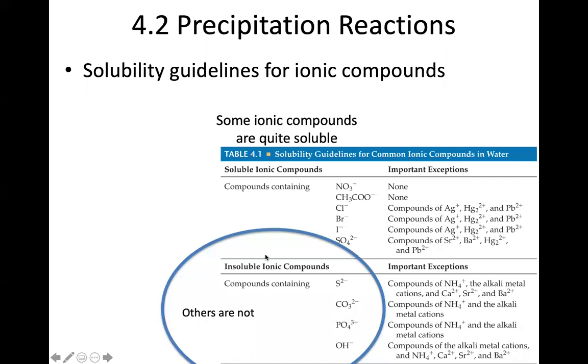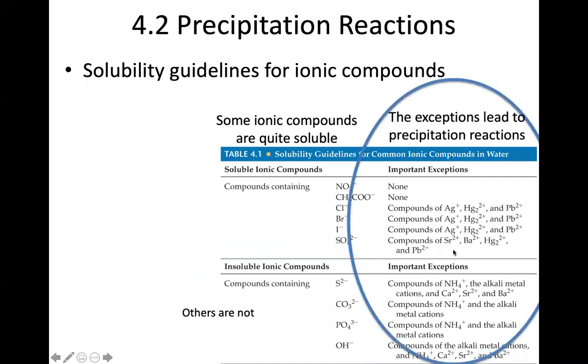And then on the right-hand side, these are exceptions to that. Okay, chlorides are almost always quite soluble unless they're found with these cations. Or at the bottom, sulfides are quite insoluble unless they're found with these. That's what it means to say that there are exceptions.